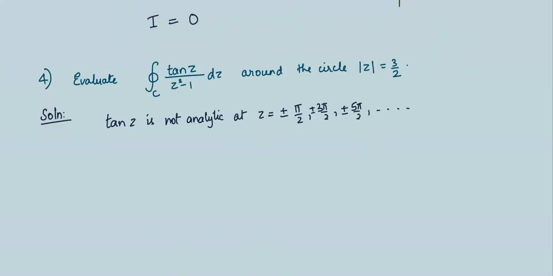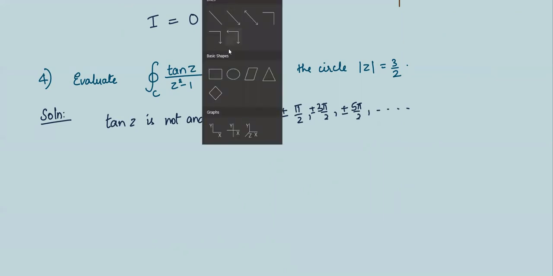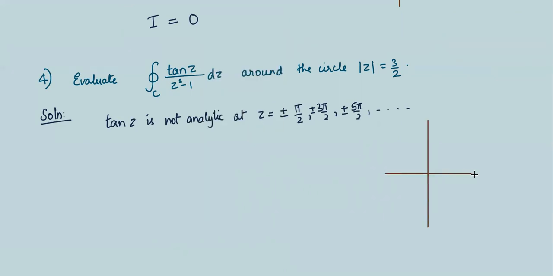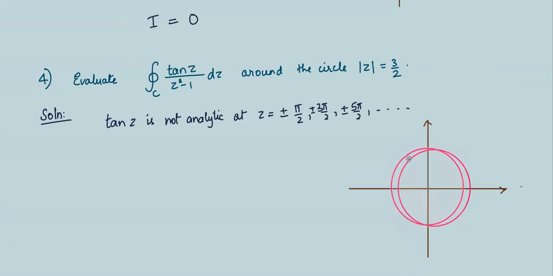But then if we look at the circle, z equal to 3 by 2. 3 by 2 is 1.5.